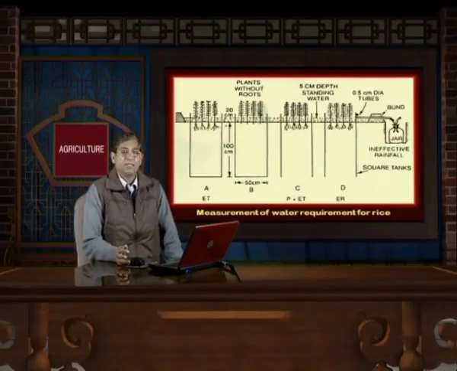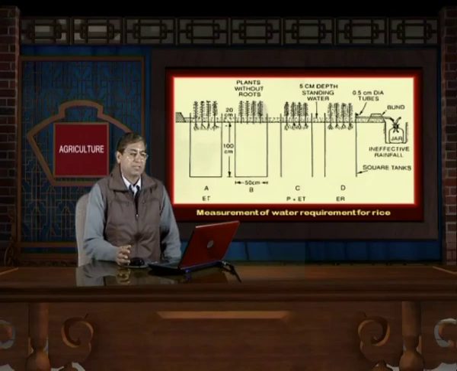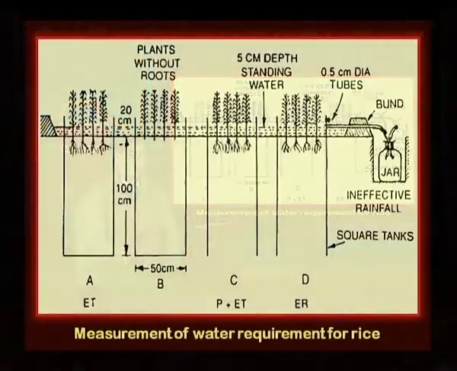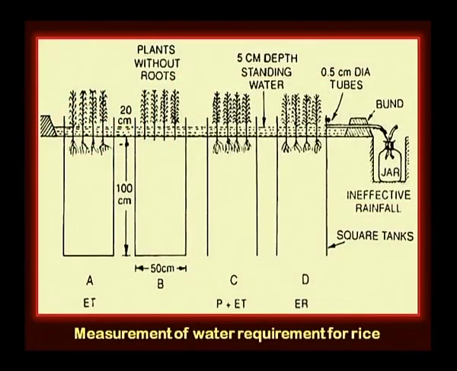The graphical depiction of these 4 drums has been shown in this figure, and the drums A and B are having bottom whereas C and D are not having bottom. The ineffective rainfall is collected in a jar which is attached with drum D, and the drum B is having plants of the same age but without roots.